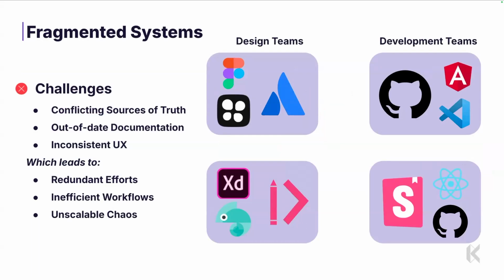The fragmented systems get multiplied based on the size of the organization. There could be multiple design teams, development teams, product teams, brand teams. As you can imagine, this results in fragmented systems that create a secondary challenge of conflicting sources of truth, out-of-date documentation, documentation only being as good as the last time it was updated, being hard to keep up with and read all of it, and inconsistent UI.